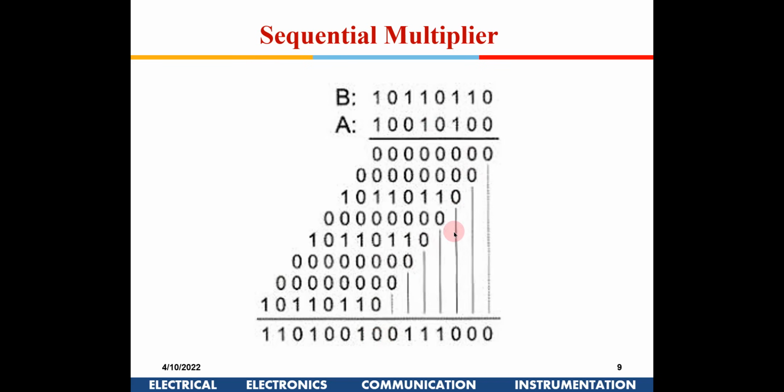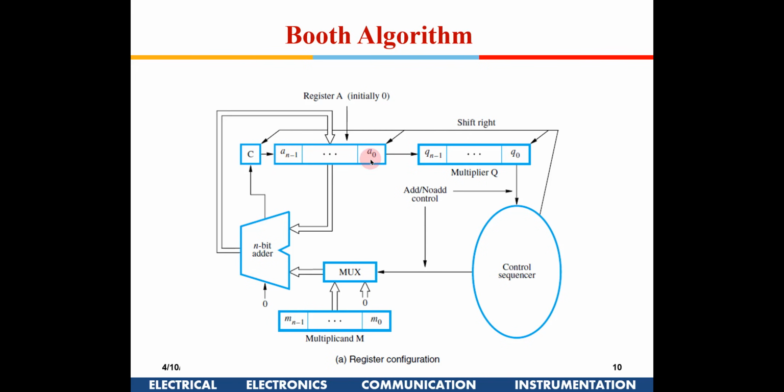So this can be implemented with a simple shift register and an adder. That is shown here. Now if you see here, one data is put here into the multiplier, and the multiplicand is put out here. This is an n-bit adder, and initially this accumulator will be loaded with 0.